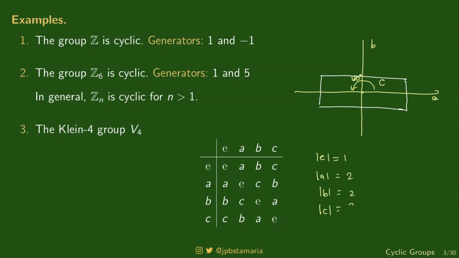Kasi they, what? Their squares are all equal to E. Okay? Meron bang element ang nakaabot ng order 4? Siyempre, wala, obviously. So, kung ganon, si Klein-4 ba ay cyclic or hindi? Is Klein-4 cyclic or not?